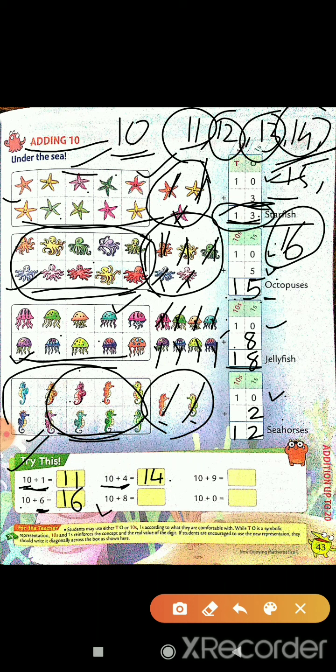Now these remaining you have to do it by your own selves. Remember here 10 plus 0 means we are not supposed to add any number. So its answer will be 10 only. Got it, students? Now these two you will do by your own. Clear, students?